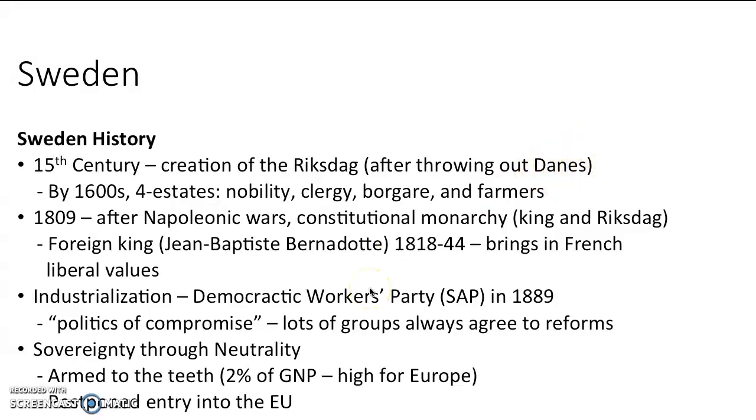So we basically see how Swedish nation formation and democracy developed, and this week we also saw how it developed in the UK. So we have two European countries which in a way had a similar way of nation formation: you have the Riksdag in Sweden, you have Parliament in the UK.